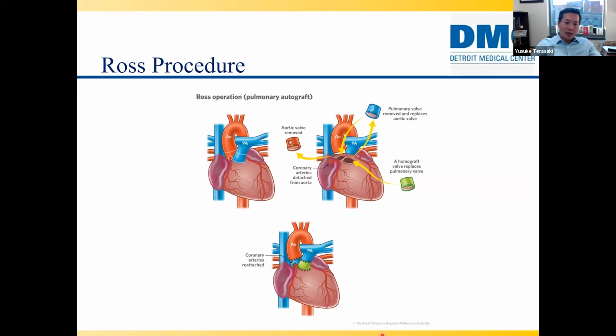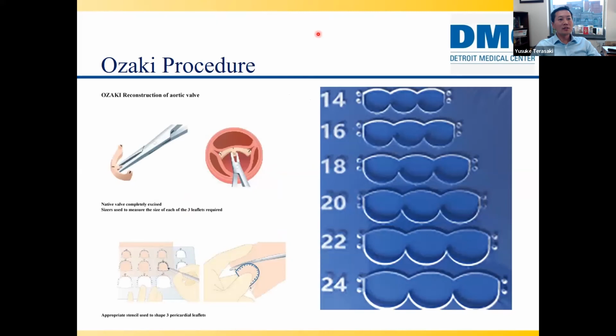The other procedure that I wanted to touch on is this newer procedure called the Ozaki procedure, which might actually replace the Ross procedure if the outcome is as good as they say it is.